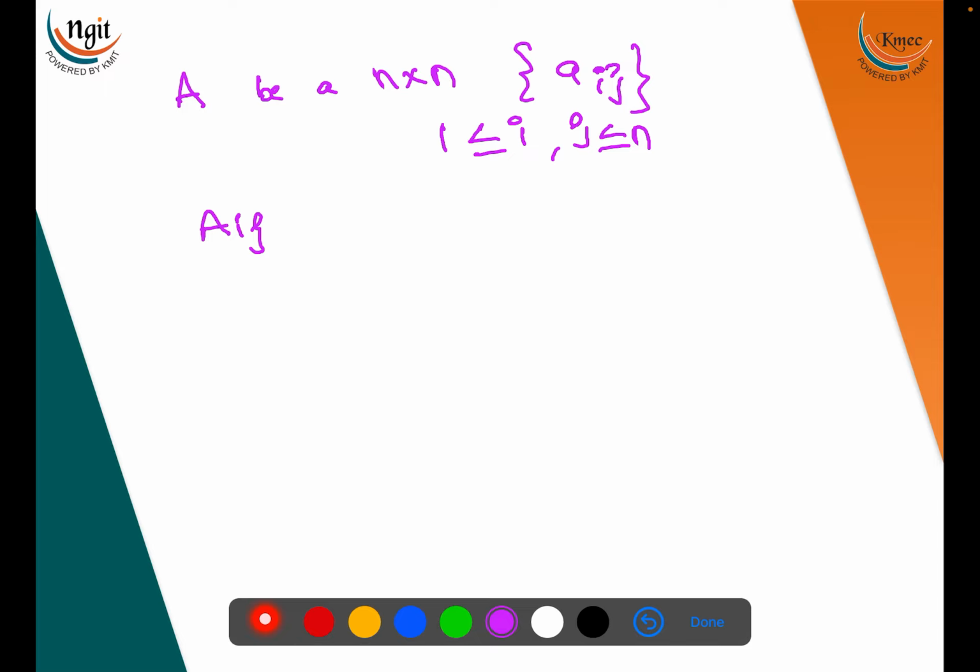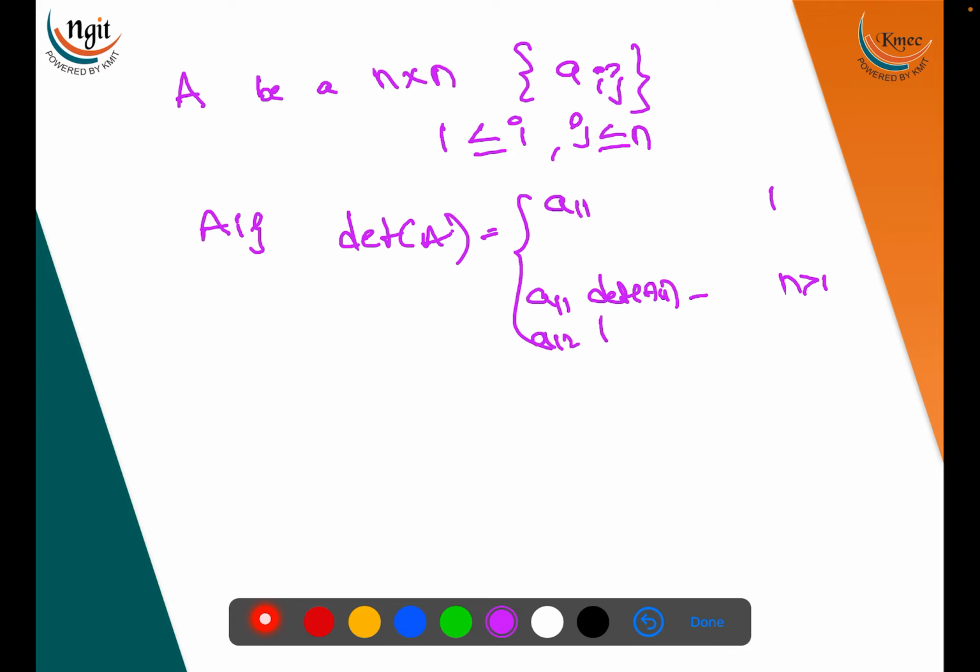That means the determinant of A, denoted det of A, is given by: if your n size is only 1, then we'll take A11 as the det of A. If n value is greater than 1, then the formula is what? A11 det of A11 minus A12 det of A12 plus and so on, minus 1 power n minus 1 det of A1n.